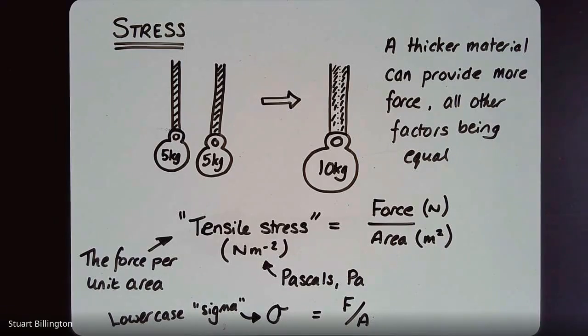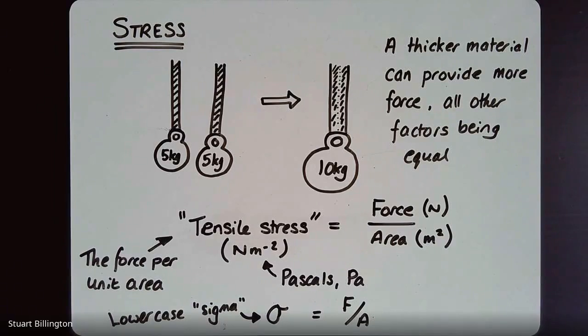So the force per unit area has a name. It's called the tensile stress, in recognition of the fact that we are stressing the bonds between the particles in the material. Stress means to put under pressure, or in this case, tensile stress, to put under a kind of force that's pulling them apart.